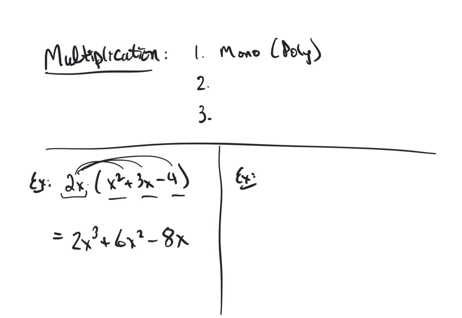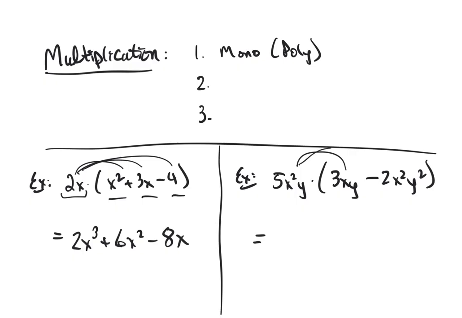Okay, let me give you another example just to make sure we're okay. Even if I made this one pretty darn complicated, so if we did something like 5x squared y, and we had to multiply by 3xy, and minus 2x squared y squared, could we multiply the one term on the outside by the 2 terms inside? Sure, again, it's just distributive property.